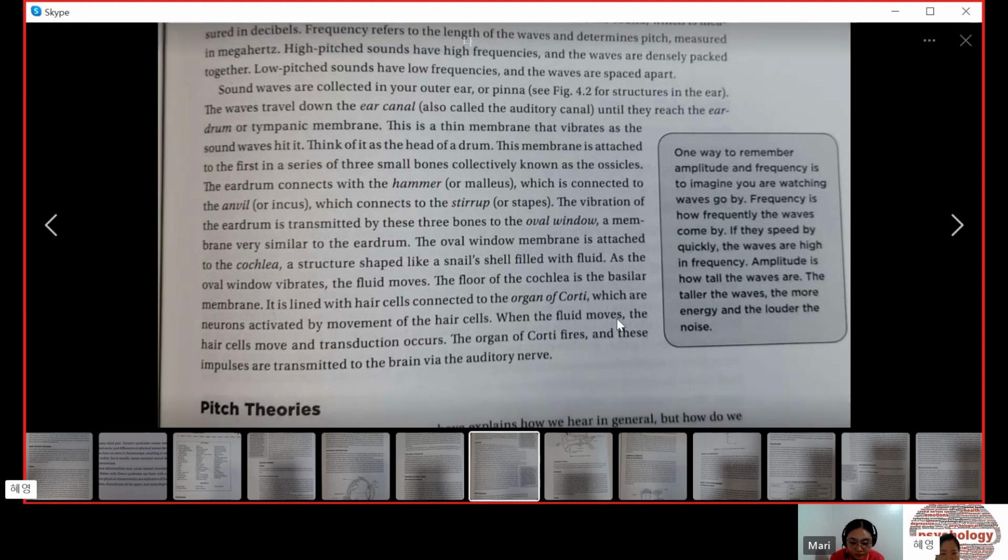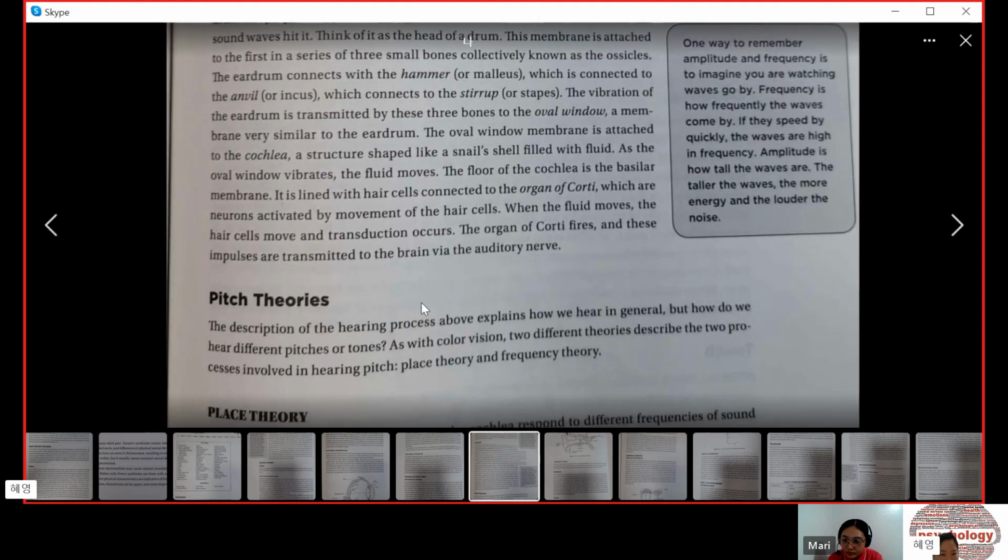When the fluid moves, the hair cells move, and transduction occurs. The organ of Corti fires, and these impulses are transmitted to the brain via the auditory nerves.